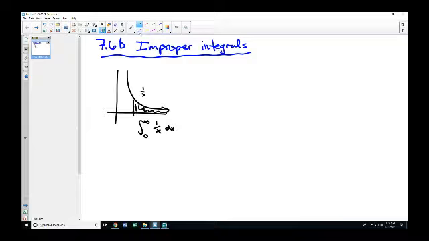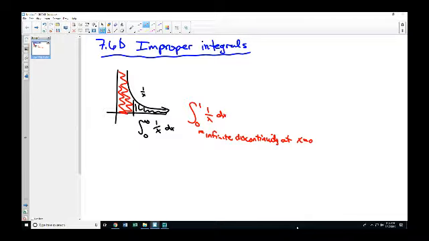So a similar problem would be the integral from 0 to 1 of 1 over x dx. There is an infinite discontinuity at x equals 0.